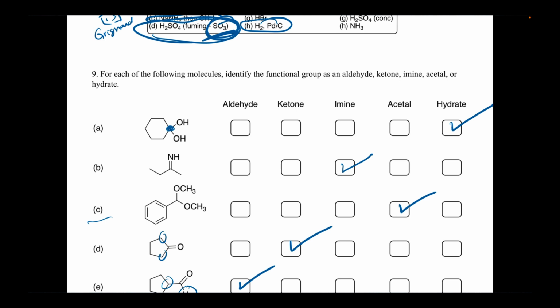Different than an acetal, so we have OCH3s, or OR, some kind of carbon. Doesn't have to be CH3. That's an acetal, that's a hydrate, ketone, imine, aldehyde.